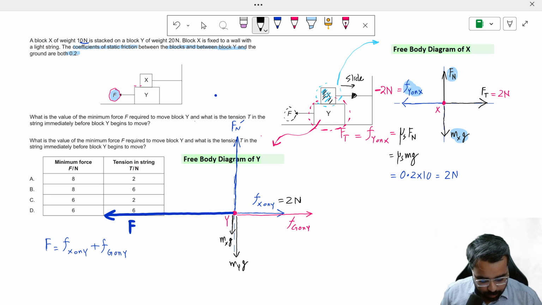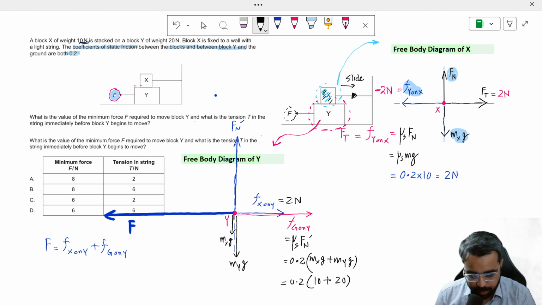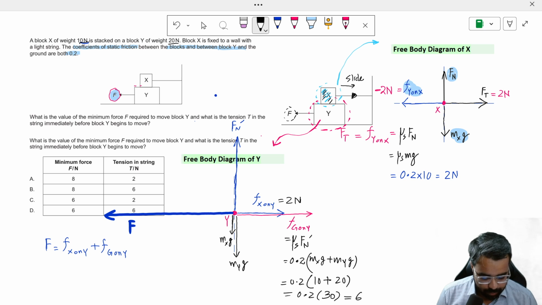What will this other force be? This is also a frictional force, so it must be equal to mu s times the normal force, right? How much should it be? 0.2 times the normal force, which is the sum of two weights: 10 newton plus 20 newton given in the question. I hope you understand these two. So it should be 0.2 into 30, and that should be 6 newton.